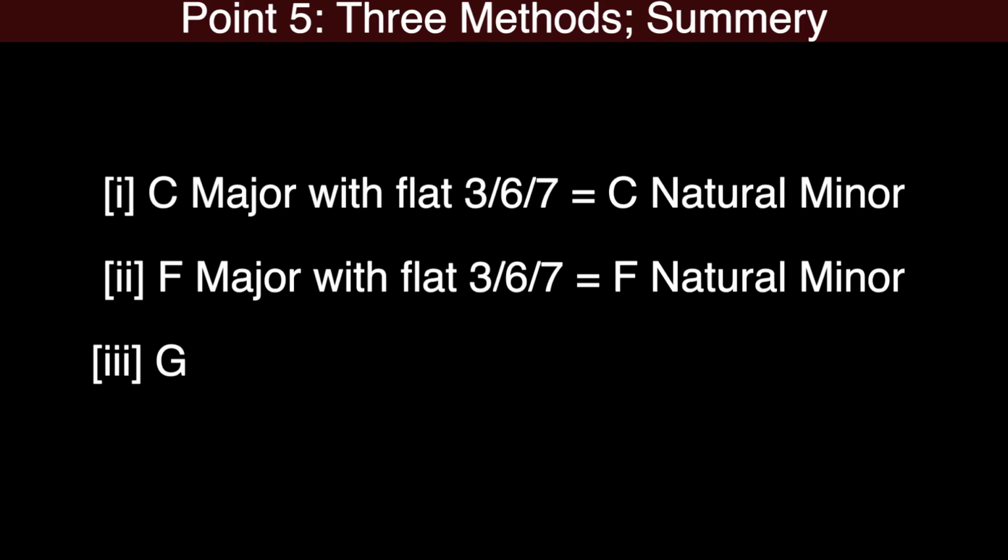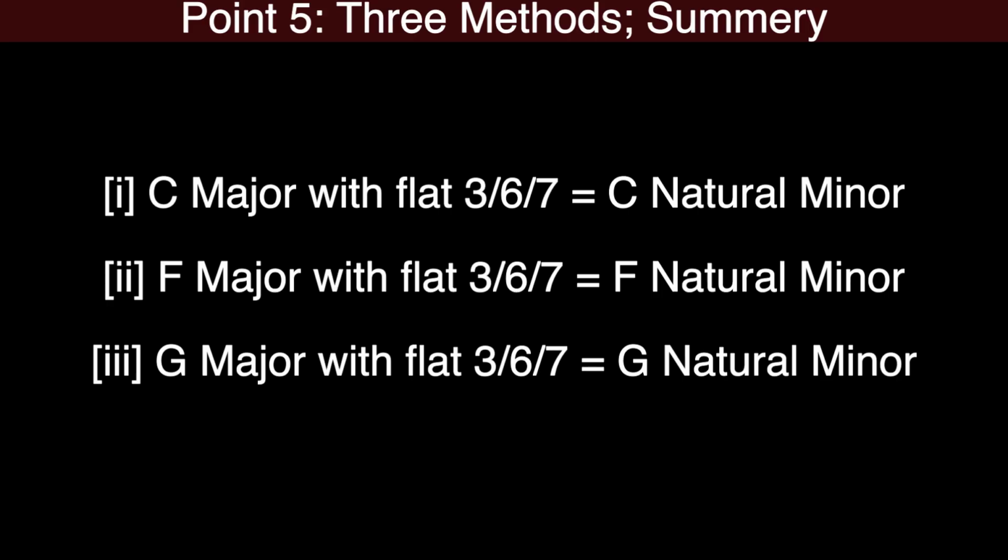For example, C major becomes C natural minor by flattening the 3rd, 6th and 7th scale degrees. F major becomes F natural minor by flattening the 3, 6, 7. G major becomes G natural minor by replacing the major 3rd, 6th and 7th scale degrees with the flattened 3rd, 6th and 7th scale degrees.